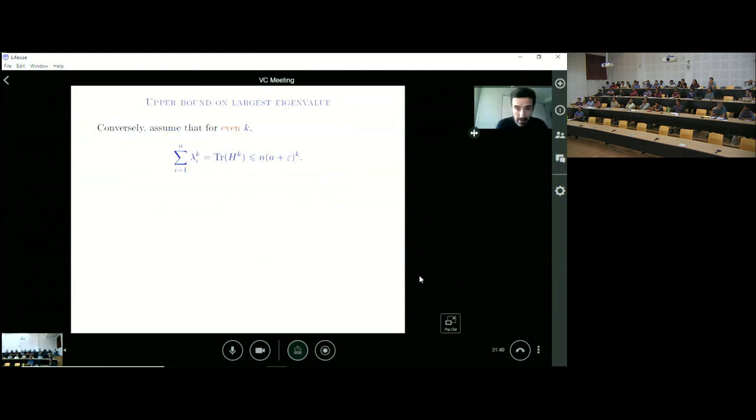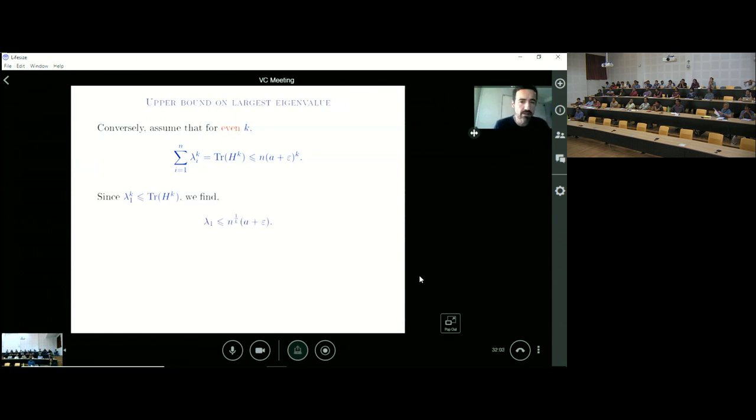Okay, so assume that you can prove the converse, an upper bound on the trace, so that the trace of H power k is bounded by n times (A plus epsilon) to the k, where k is even.